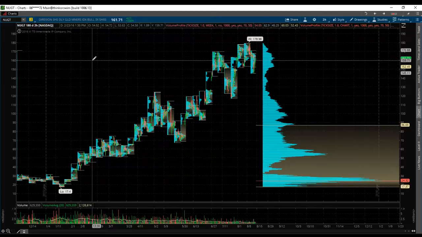Can you explain a naked point of control? So a naked point of control is an agreed upon price that the auction has not gone back and tested. Let's use a concrete example.